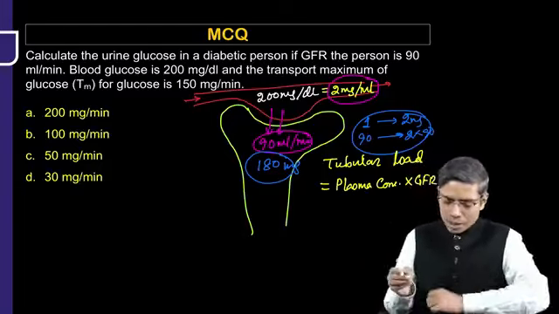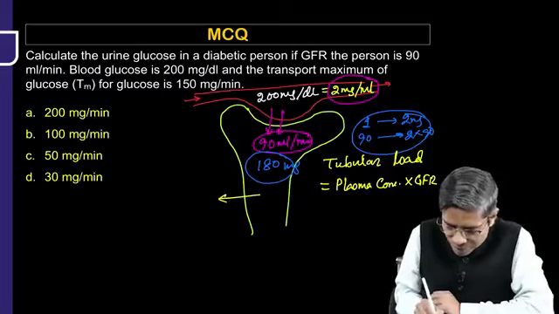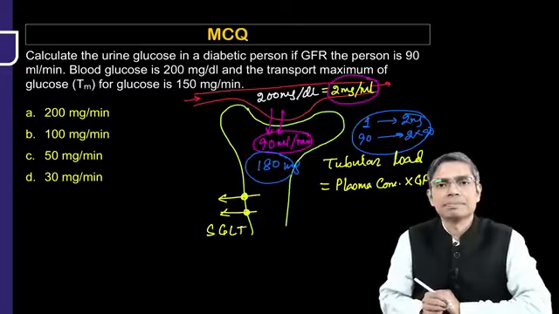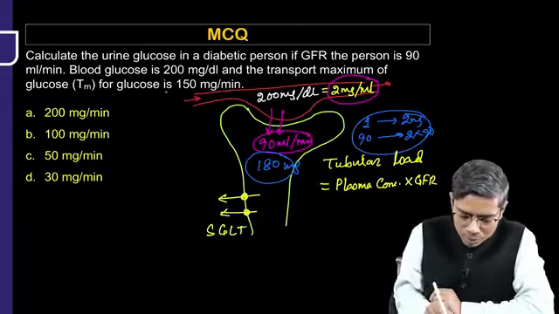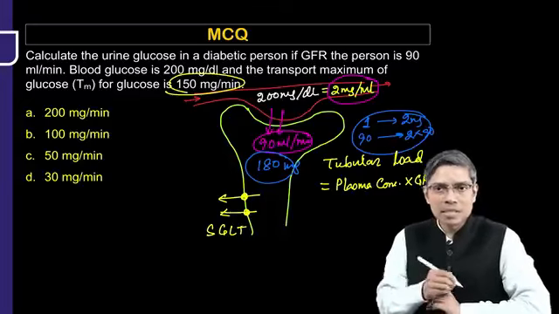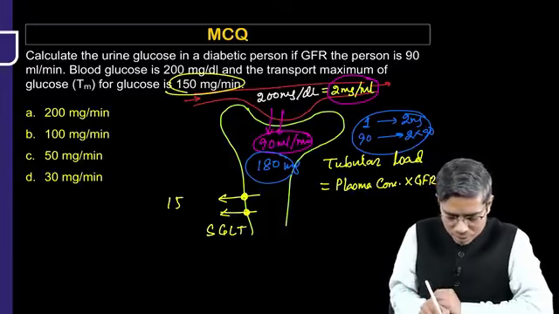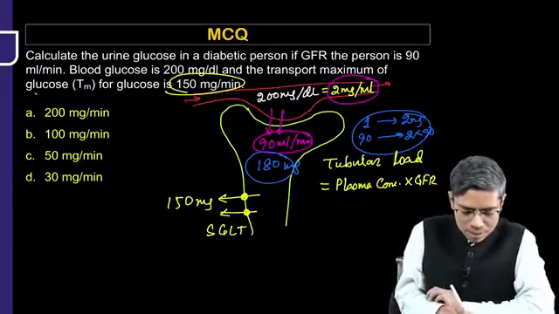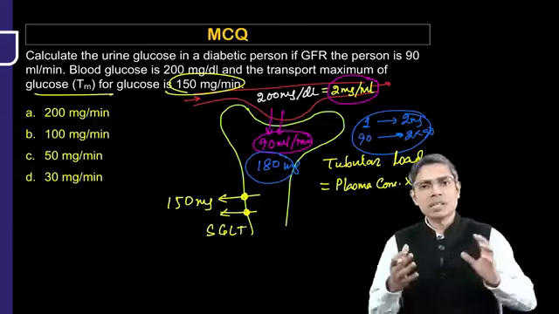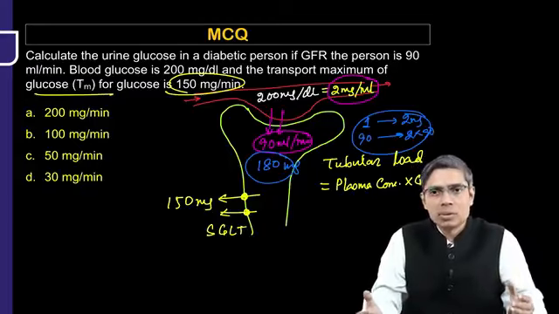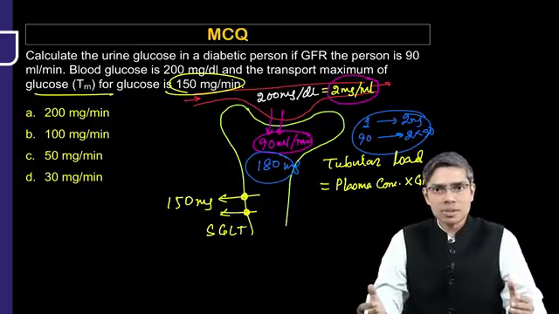Now within this tubular load, we all know that glucose is going to be reabsorbed with the help of transporter protein, that is SGLT. And the amount of glucose that has been absorbed in these cases is given as 150 milligram. That is known as the maximum amount of glucose that is being reabsorbed by tubule, Tmax, the transport maximum of glucose reabsorption.